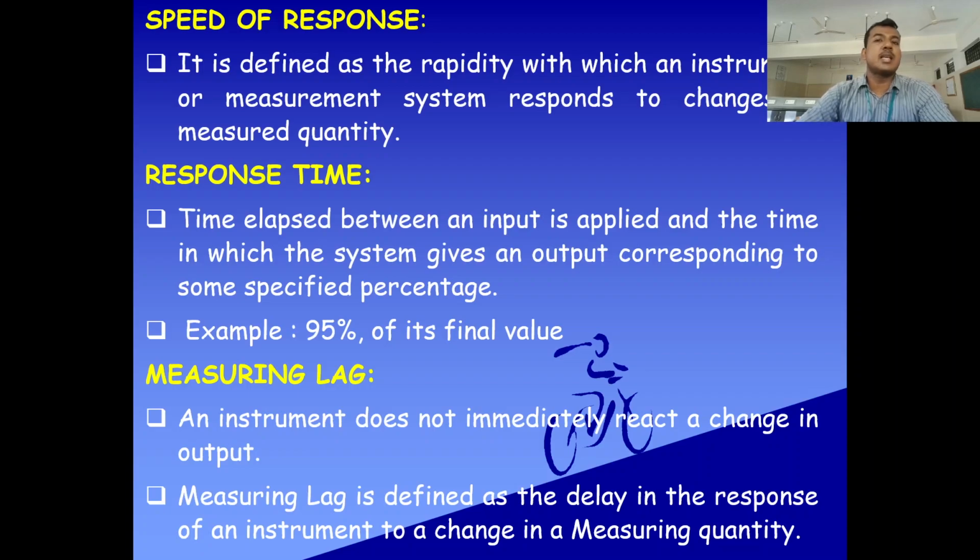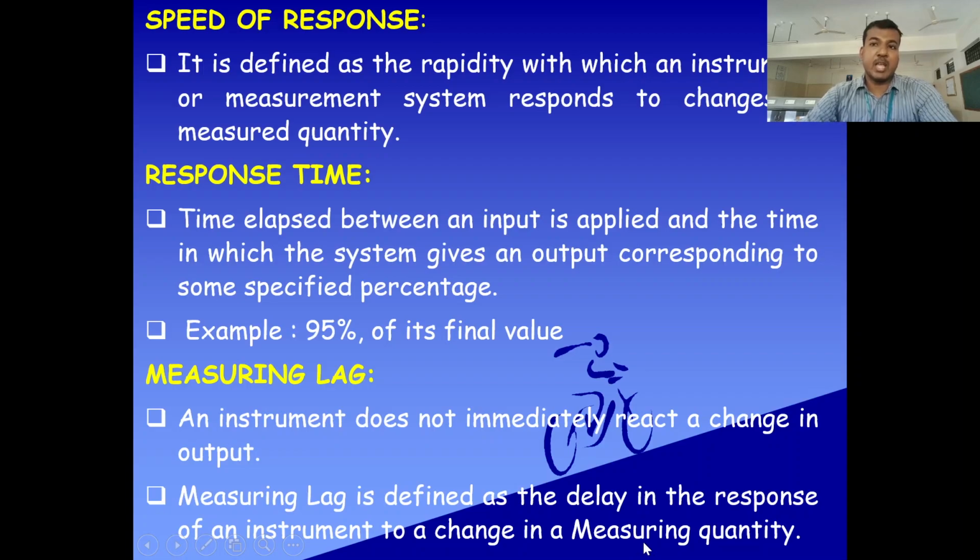This is a basic example, and it will vary from machine to machine. The third one is the measuring lag. An instrument does not immediately react to a change in input. Measuring lag is defined as the delay in the response of an instrument to a change in the measured quantity.